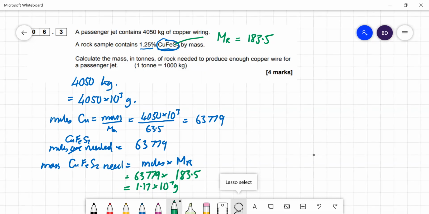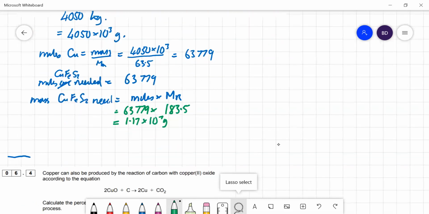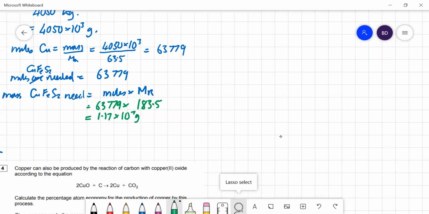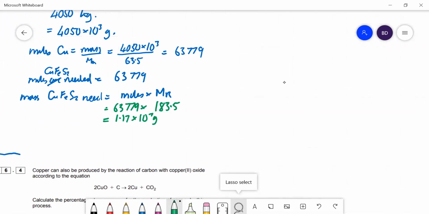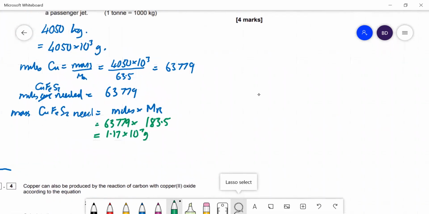Okay, now what we're going to do now is, so that's the mass of the ore we need. Okay, now it tells us the rock is actually only 1.5% of this compound.